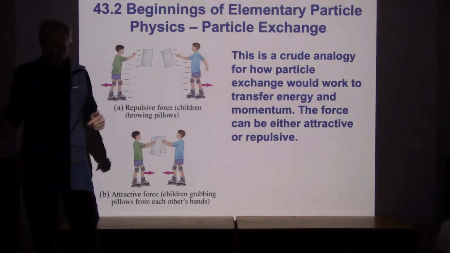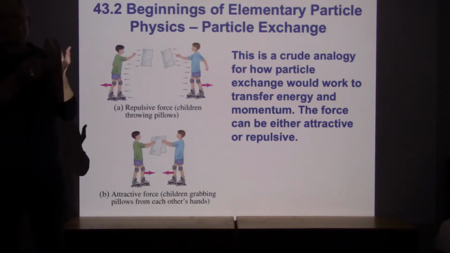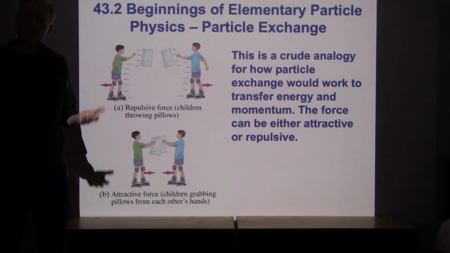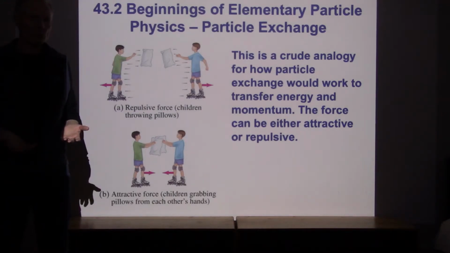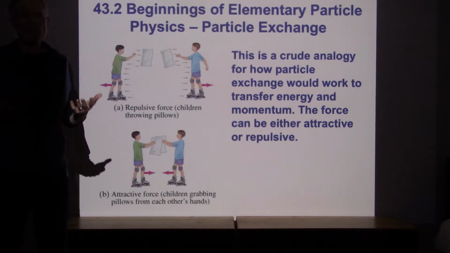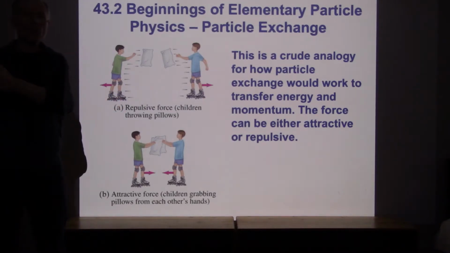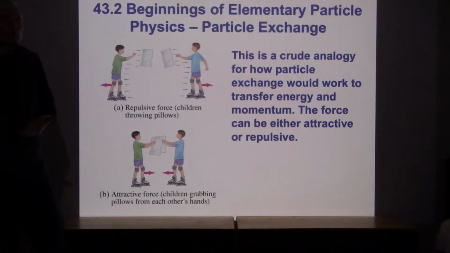Now, if we list the fundamental forces in nature, gravity was the first one we started off with. And it turns out we still don't have a quantum version of gravity that makes sense. So we don't have an accepted quantum description of gravity. So gravity we're going to set to the side. The Standard Model doesn't include gravity.